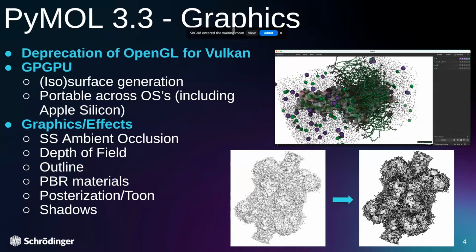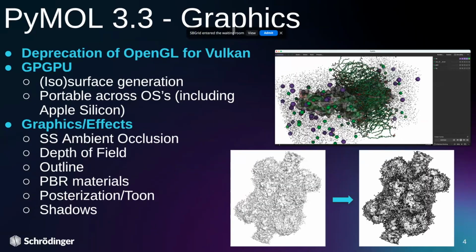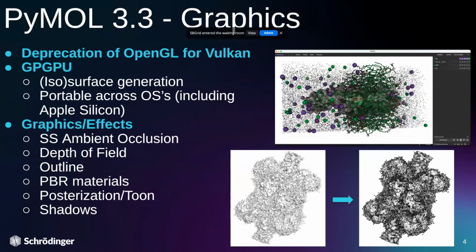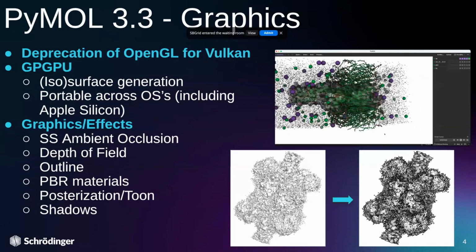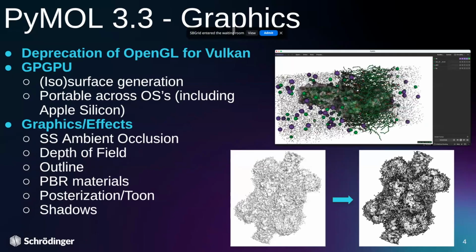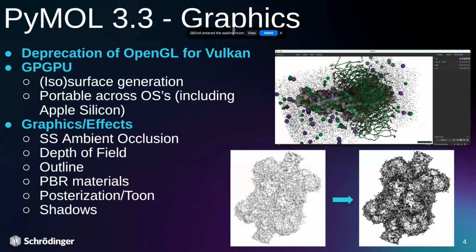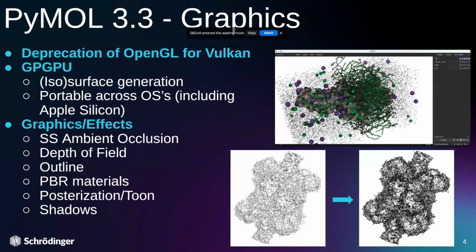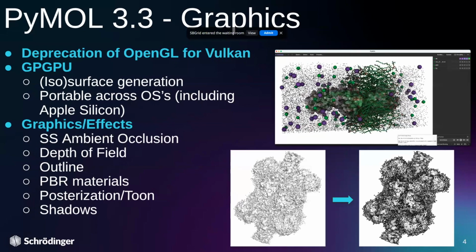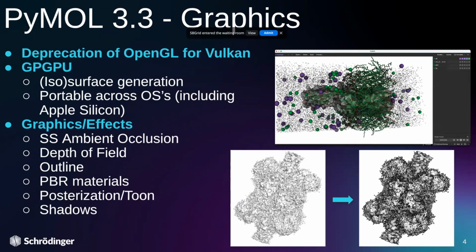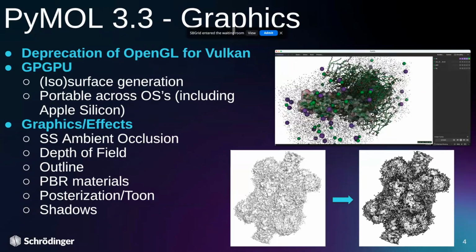For those who have tried to ray trace movies in PyMOL with transparent surfaces, you may know that generating these movies with such surfaces could sometimes take an extremely long time. The CPU is not really fast at generating surfaces like this because of the triangle transparency sorting that has to be done on the CPU.